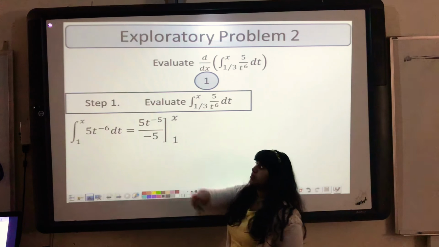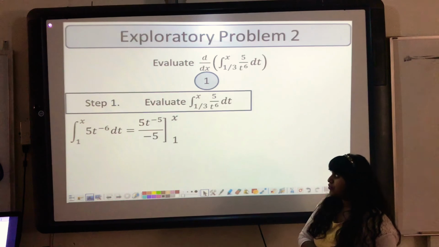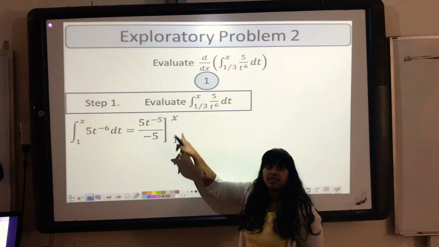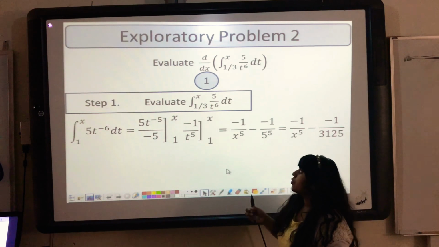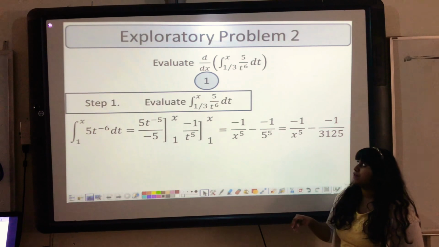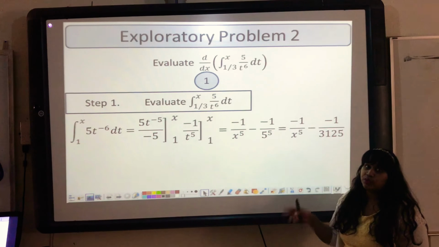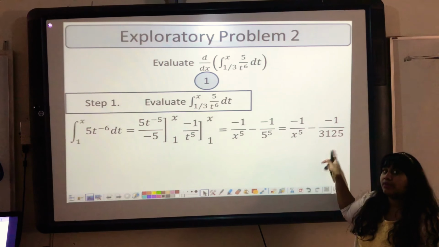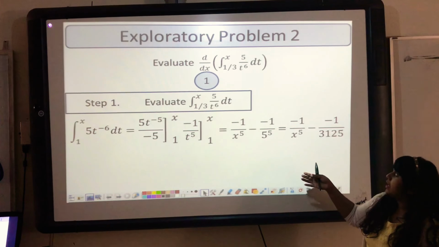The integral of that becomes 5t to the negative 5 over negative 5. We evaluate it from 1 to x, or f of x minus f of 1. And so we're going to get negative 1 over x to the 5th minus negative 1 over 1 to the 5th, which is just going to be 3125. That one you'd probably have to plug into the calculator.